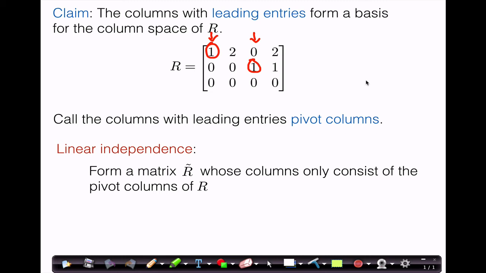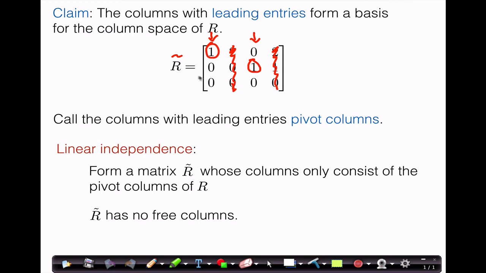And now imagine that I form a new matrix, R tilde, where I just delete these columns that aren't pivot columns. Okay, I delete the free columns of the matrix. And now you can see that if I delete all the free columns of R, then I'm left with a matrix, R tilde, that has no free columns, right? Every column of R tilde will have a leading entry. Okay?